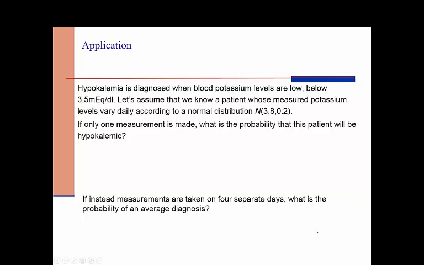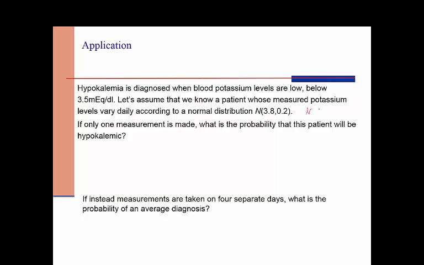So let's end this chapter with a question. Hypokalemia is diagnosed when blood potassium levels are low, below 3.5. Let's assume that we know a patient whose measured potassium levels vary daily according to a population distribution that's normally distributed with a mean of 3.8 and a standard deviation of 0.2.